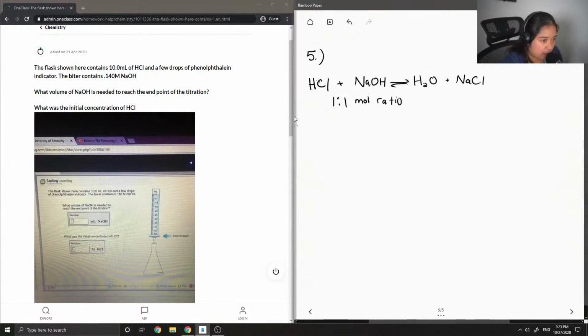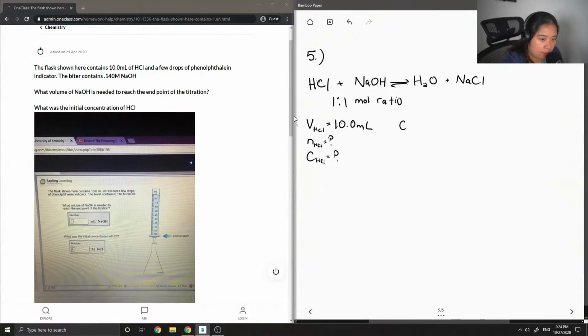So I'm going to write down everything that they give us in the question. For the volume of HCl, it was 10.0 milliliters. And we're looking for the number of moles of HCl. We also don't know the concentration of HCl.